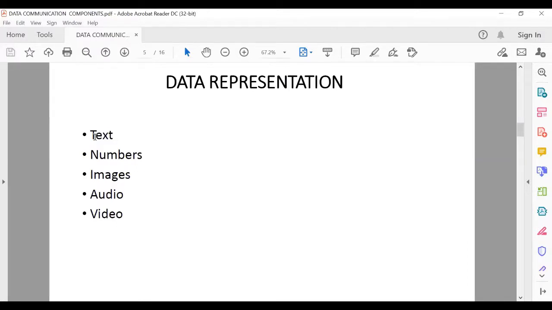Now the pixels are represented in the form of bits depending upon the type of image, black and white or any other colors. So each pixel would require a different number of bits to represent its value.